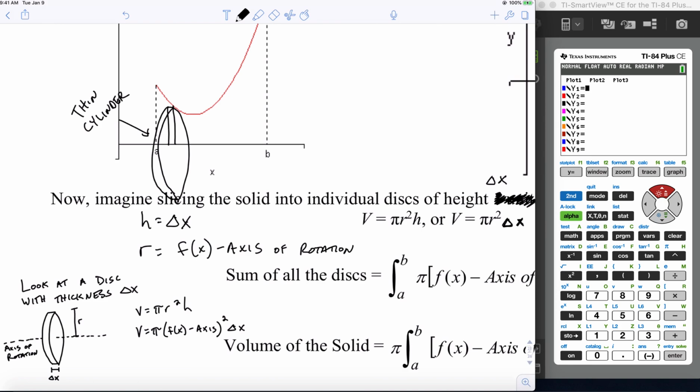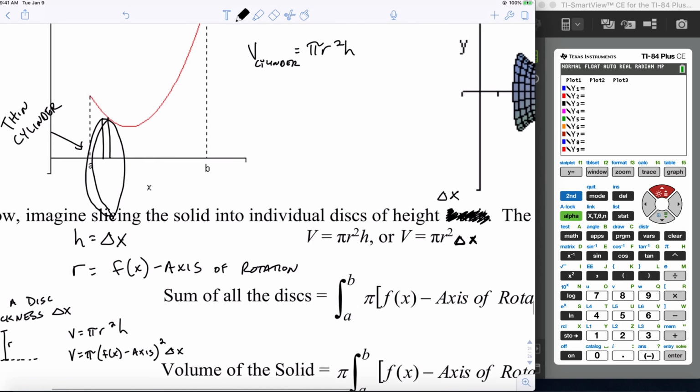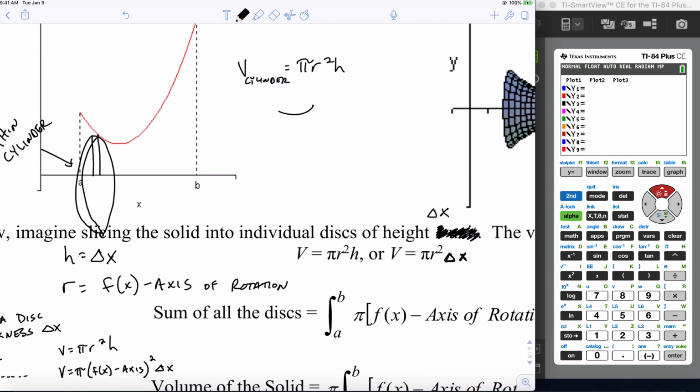So quick review. Remember, the volume of a cylinder is equal to the area of its base, which is a circle, times the height of the cylinder. Or we can use a lowercase h. It doesn't really matter. So we're typically used to seeing our cylinders look like this, where we've got our radius, and then we've got our height of the cylinder.